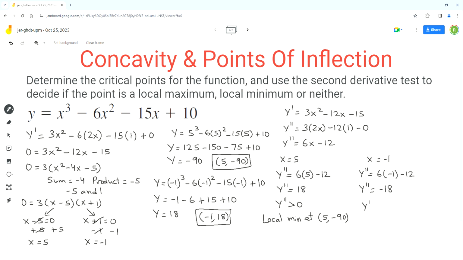So y double prime is less than 0. That means there is a local maximum at the other critical point, which is negative 1, 18.